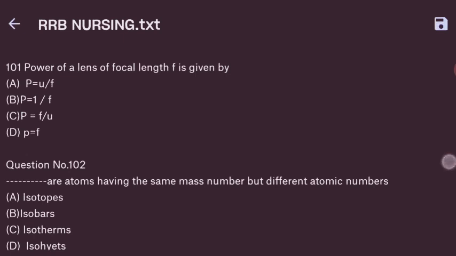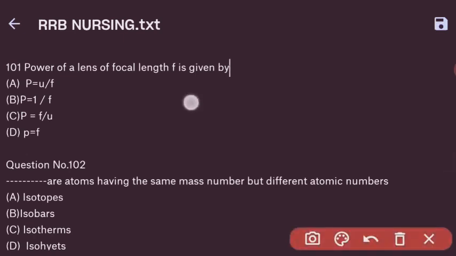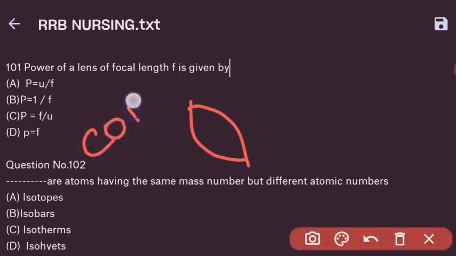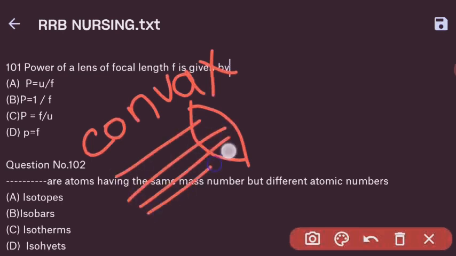Now what is a focal length? Let me explain. This is a normal lens. The normal shape of the lens is convex. When the image is transferred to the lens, the image is present in the retina.